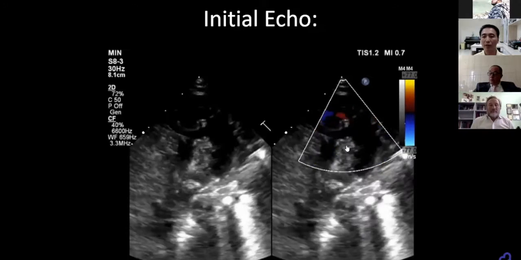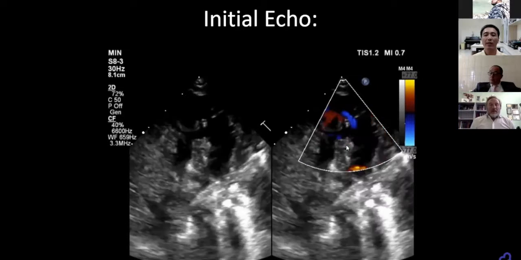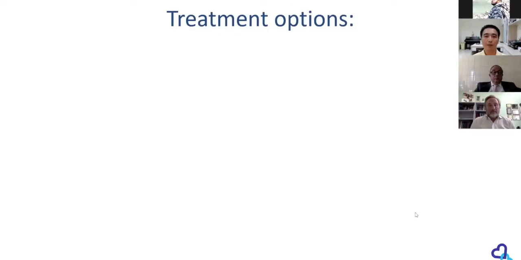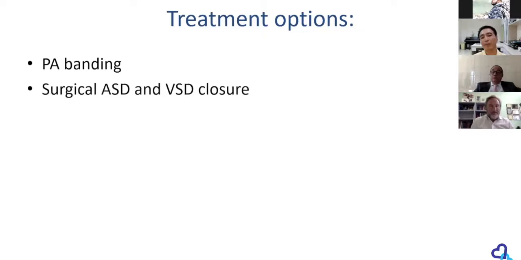You can look at the short axis view. Looking at this echo and clinical presentation, with underlying pulmonary hypertension as well, what treatment options would you consider? One, at 7 months and 4.4 kilo, PA banding. Two, maybe surgical ASD and VSD closure, though it might be difficult for the surgeons to close the apical VSD.